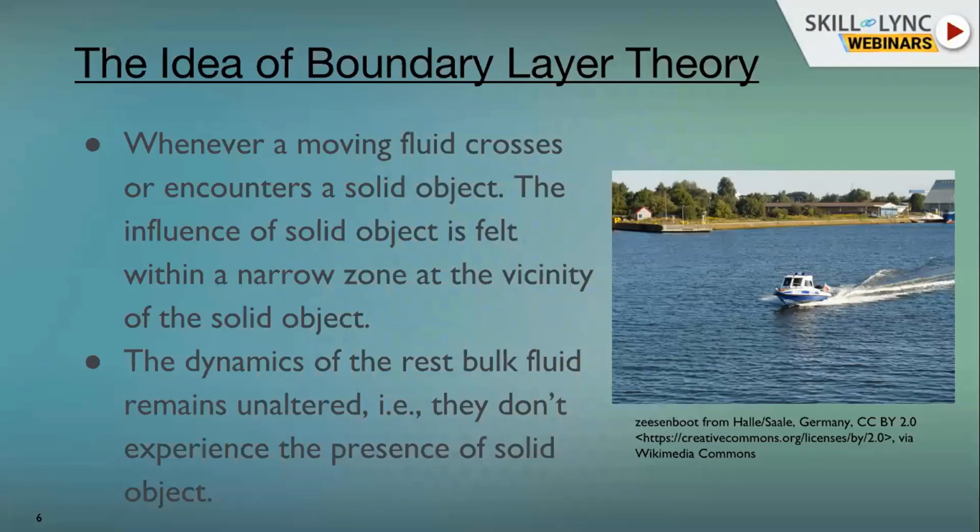If the boat is moving and the water is standstill, or the boat is standstill and the water is moving across the boat, they are almost similar situations. What is the boundary layer theory telling? Whenever there is a flow across a solid surface, by virtue of the no slip boundary condition, the fluid adjacent to the solid surface is at rest.